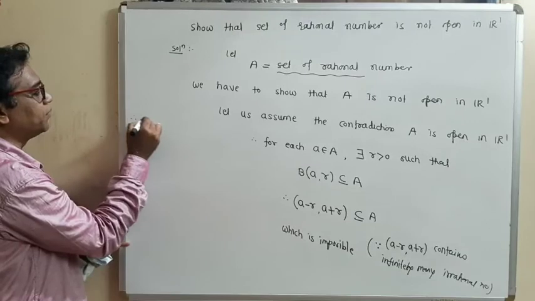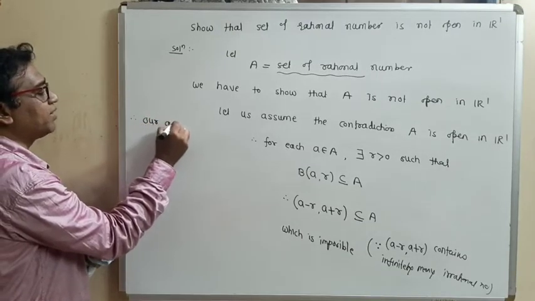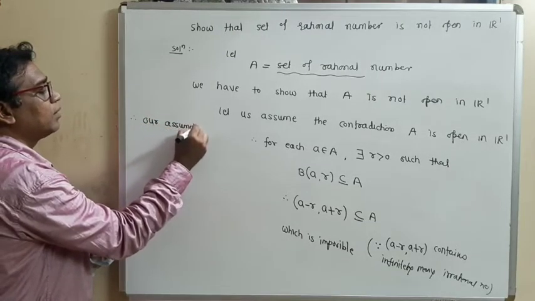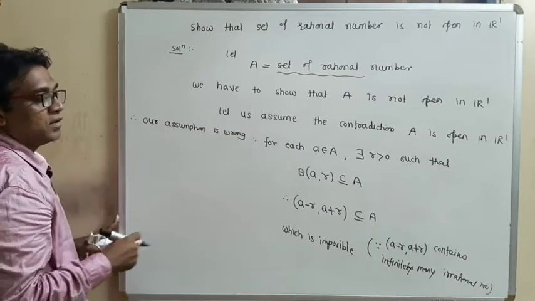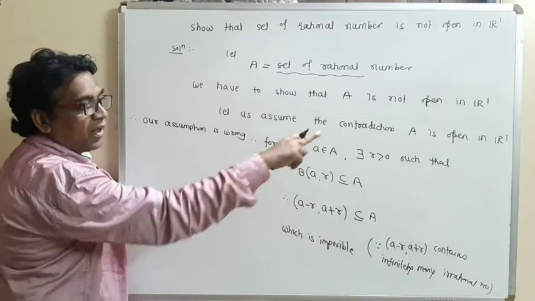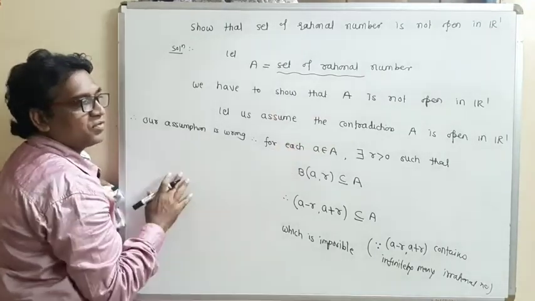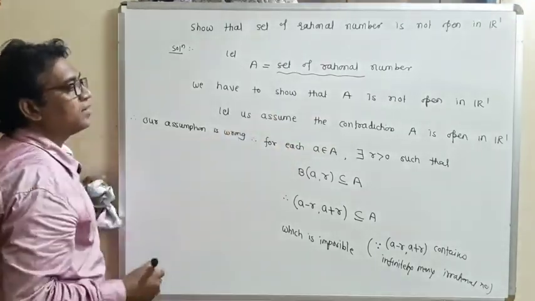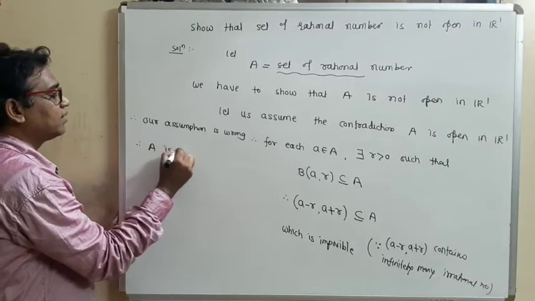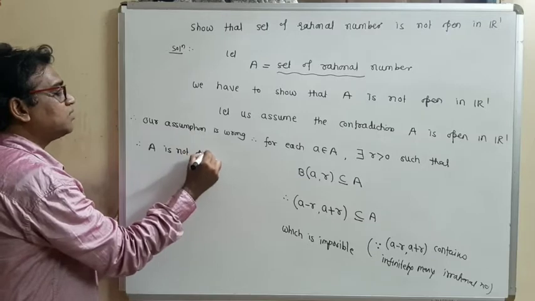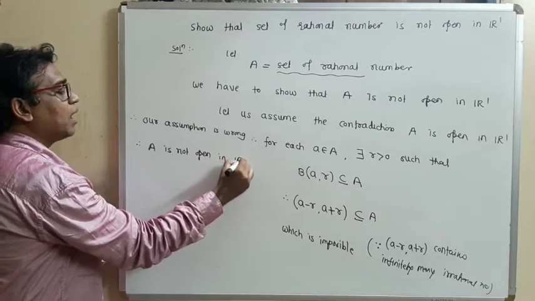Therefore, our assumption is wrong. Which assumption? That A is open. This is wrong. So what is correct? A is not open in R1. So write the conclusion: therefore A is not open in R1.